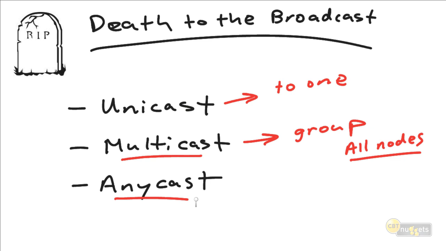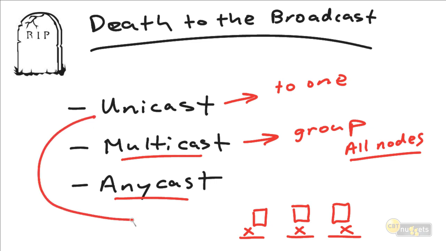What's the deal with Anycast? Well, with Anycast, let's say we have these servers down here. What we can do is we can assign the exact same IPv6 address. I'll call it address X. We assign this exact address to all of those systems. Notice this is a unicast address. We're just assigning that exact same unicast address to all of the devices. Now what will happen is a local router will decide to which of these systems it sends traffic.